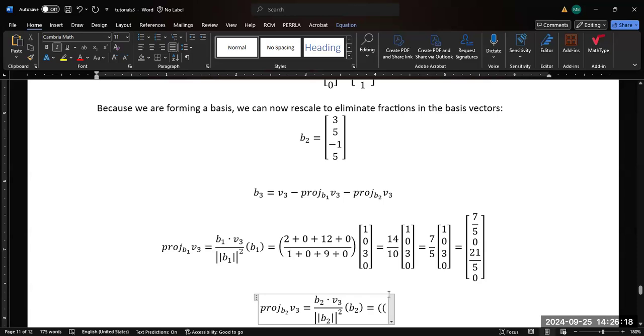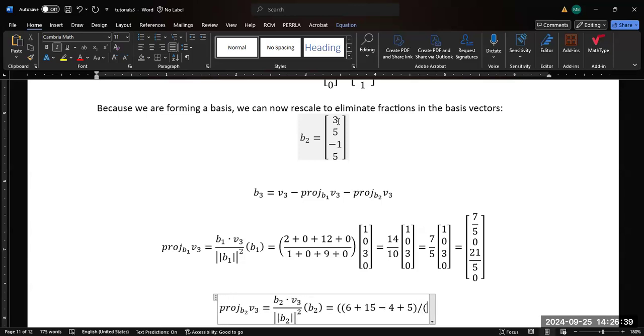And we're going to dot that with the 2, 3, 4, 1 vector. So 3 times 2 is 6. And then 5 times 3 is 15. And then negative 1 times 4 is negative 4. And then 5 times 1 is 5.